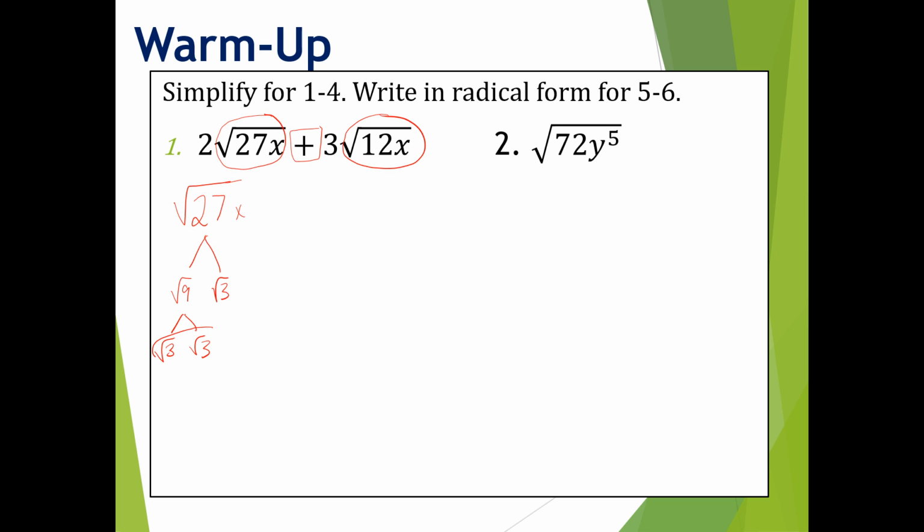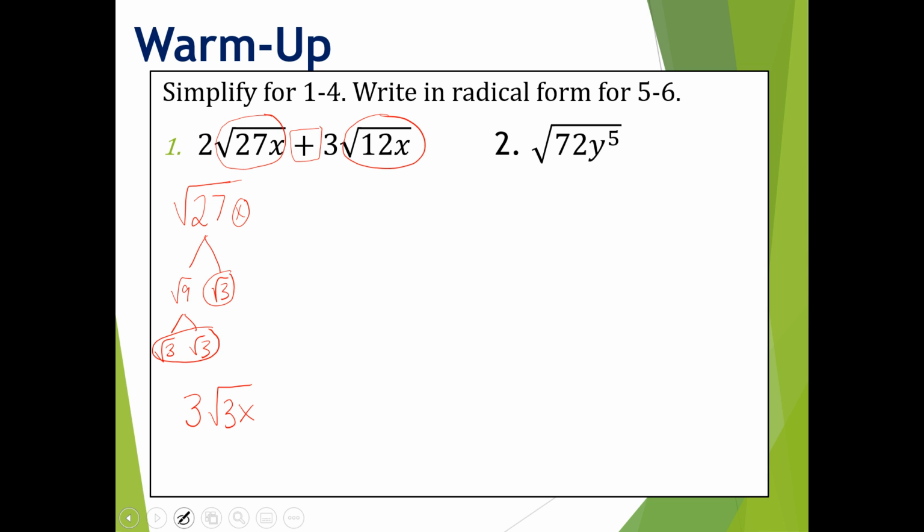But we have these two 3's that are able to escape, so they come outside of our radical. Then we still do have 3 that is stuck inside, and we have this x that was stuck inside. So this radical 27x breaks down to 3 times radical 3x.